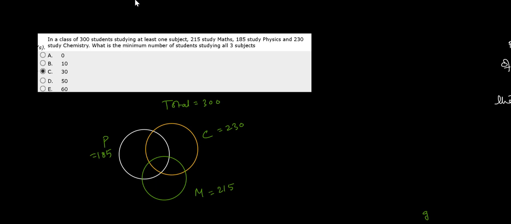Here we are asked to find the minimum number of students studying all three. That means I want G minimum. How do I find G minimum?